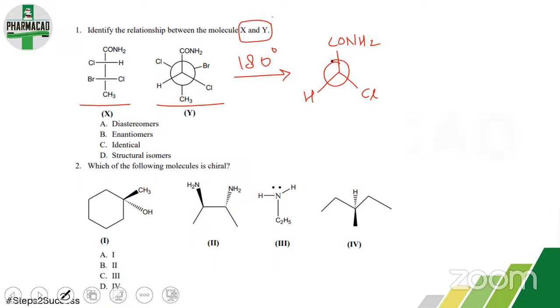So when we are going to rotate the rear carbon, which is with this bromine, this methyl and this chlorine with 180 degree, this chlorine will displace from this position to this position. Okay, so we will get chlorine over here, whereas methyl over here and bromine over here. Okay, after rotation by 180 degree.